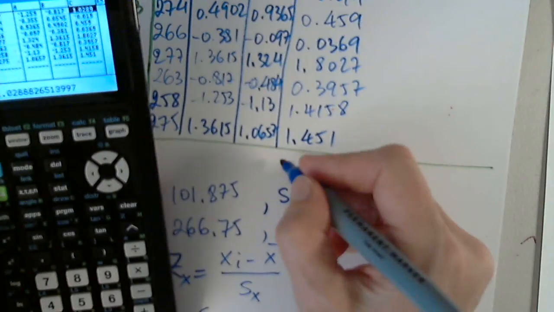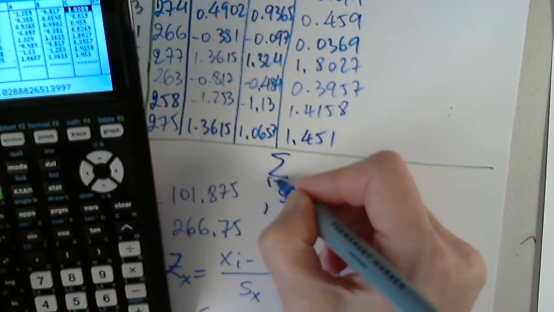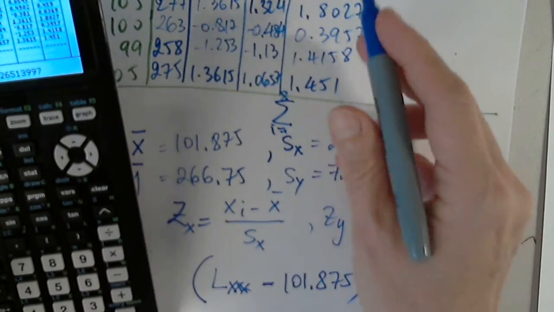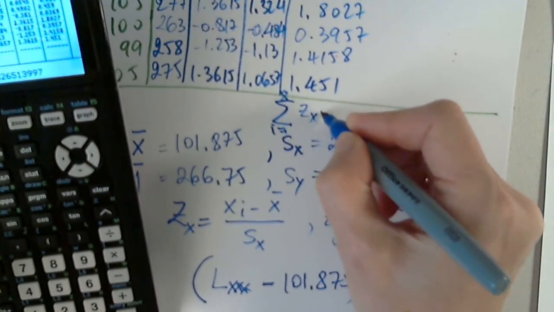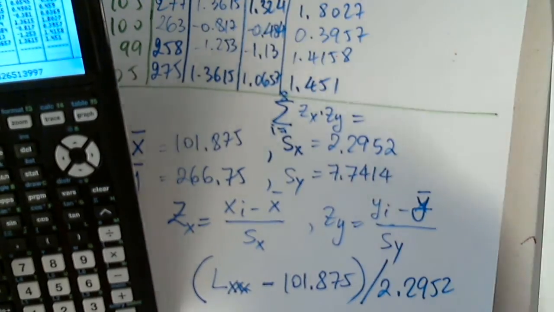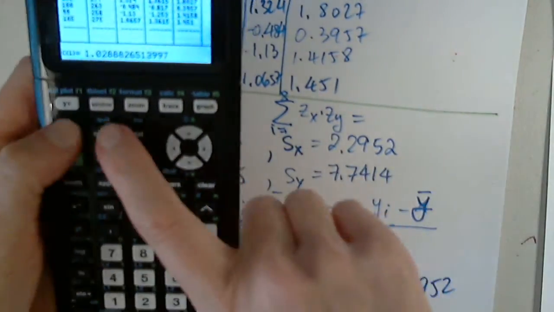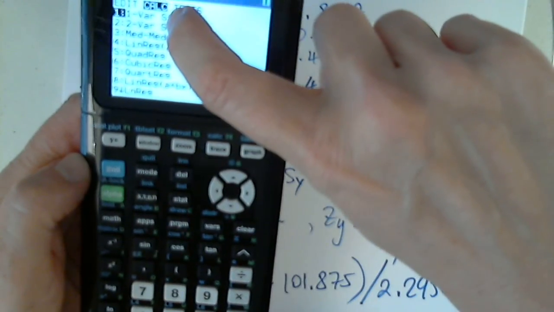Now I want the sum from i equals 1 through 8, because there are 8, of this zx multiplied by zy. I want the whole sum. Since my data is in that list, I go to stats, and now we want to calculate.